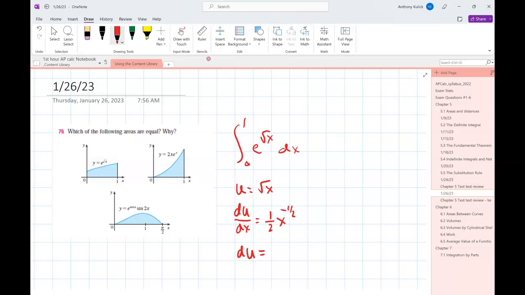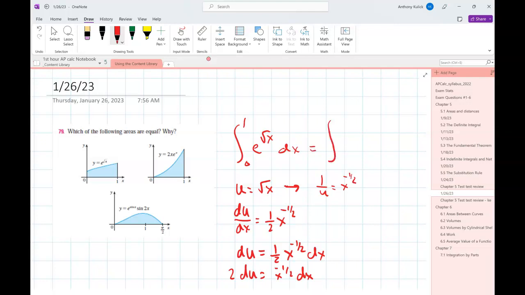So du should be 1/2 x to the negative 1/2 dx, thank you. I'll multiply the 2 over, but there's nothing I can do about that x to the negative 1/2. But I notice here that u is the same as x to the 1/2. So 1 over u should equal x to the negative 1/2.